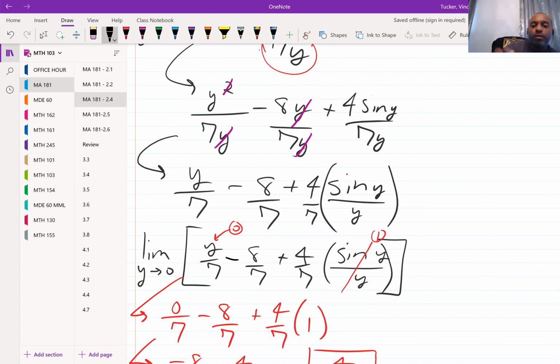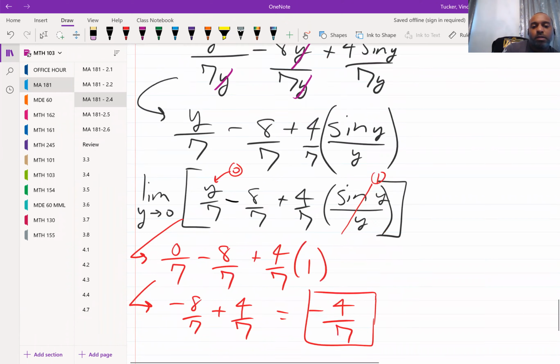All right, next one is 4 over 7 times the sine y over y, which will turn into 1 once the limit is applied. So 0 over 7, like I said, is 0. Then we have negative 8/7 plus 4/7, which will give us negative 4/7 as our limit.